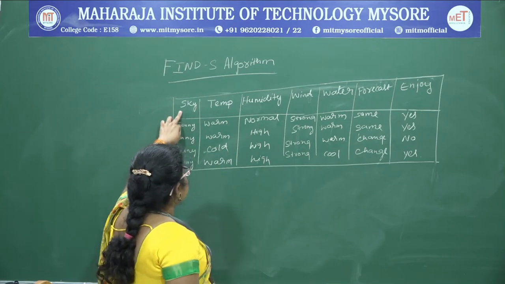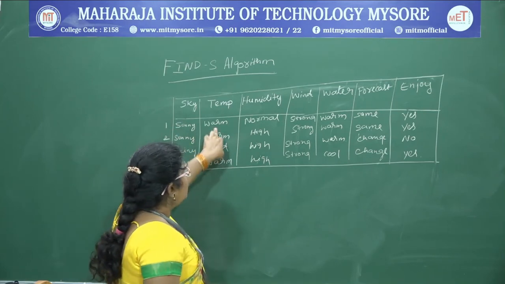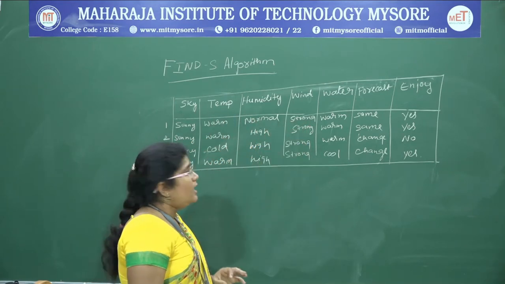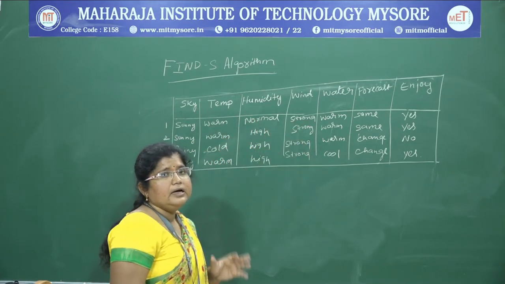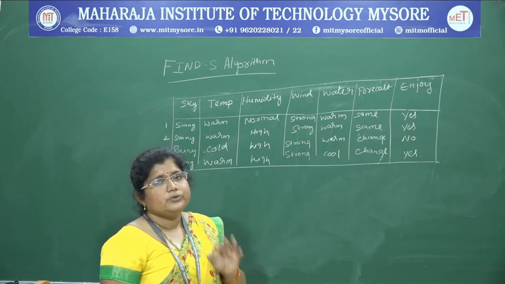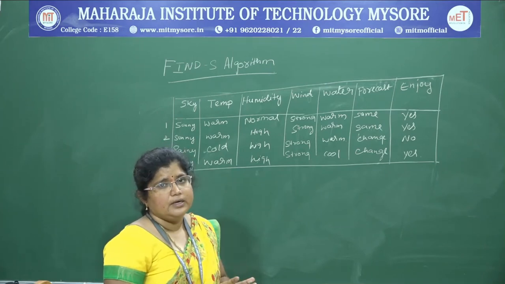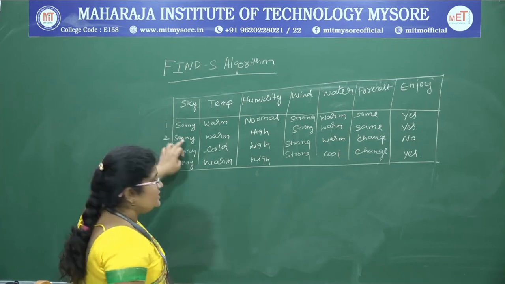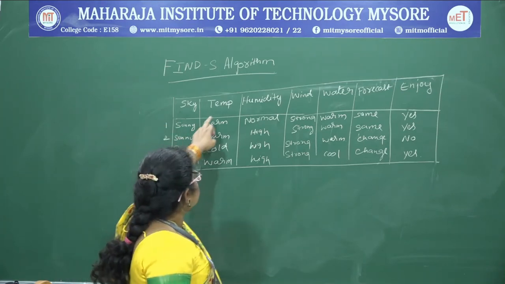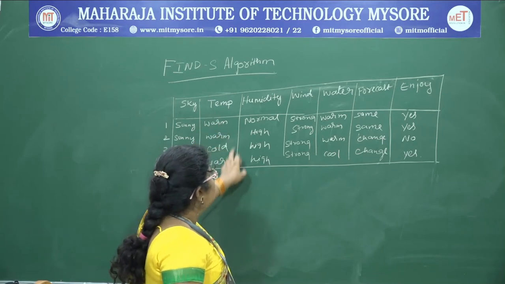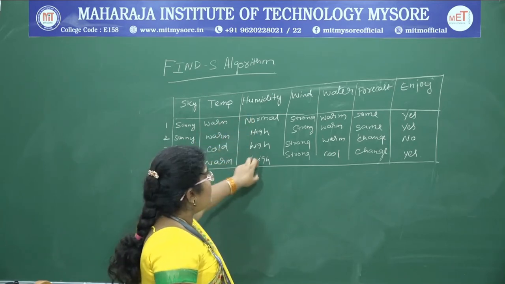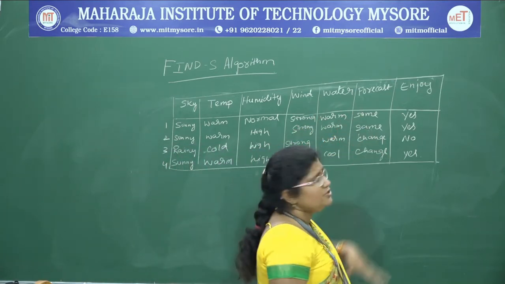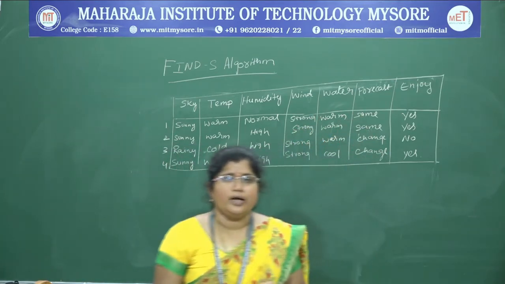Sky, temperature, humidity, wind, water and forecast are the attributes which define a concept, and each contains its own values. Sky contains sunny and rainy, temperature contains warm and cold, humidity contains normal and high, wind is strong, water is warm, and forecast is same and change. These are the attribute values.